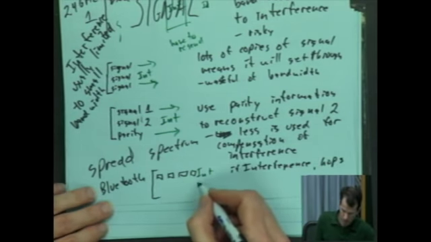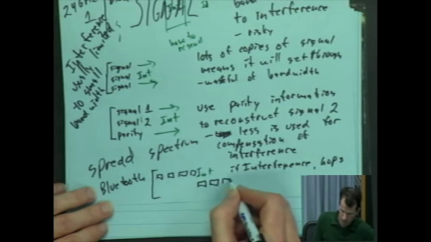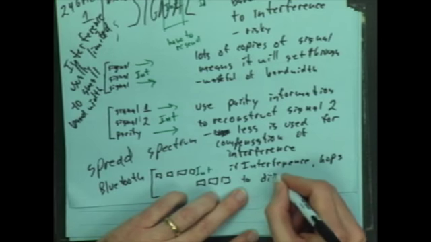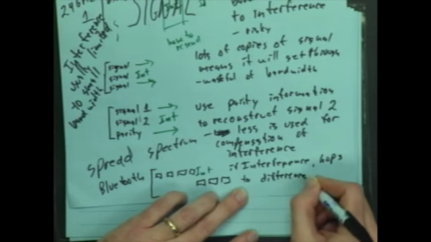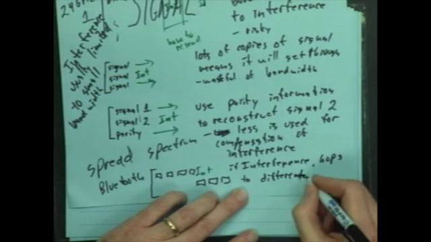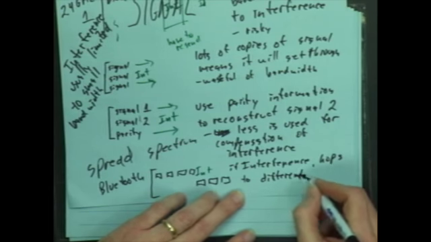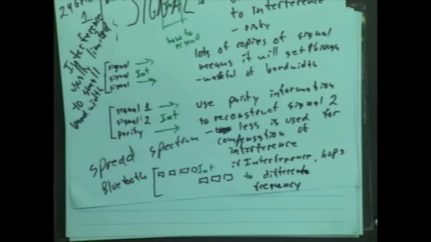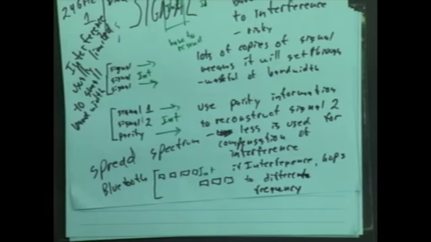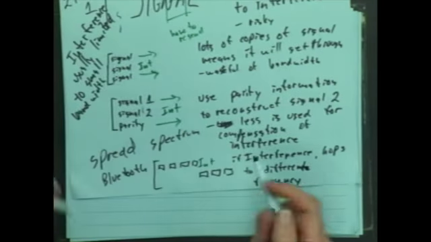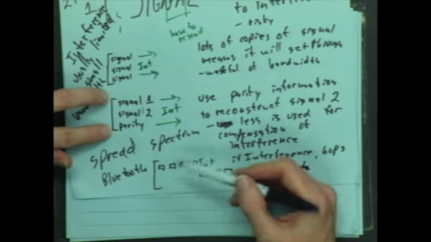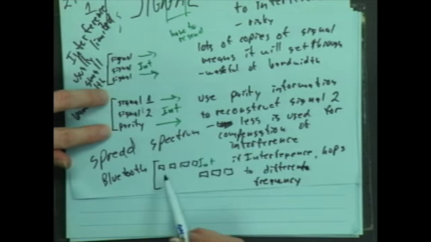So it'll hop to a new portion of the channel, a different frequency. Bluetooth uses one of these channels in the 2.4 gigahertz range, but the signal has the possibility of hopping around within the channel.